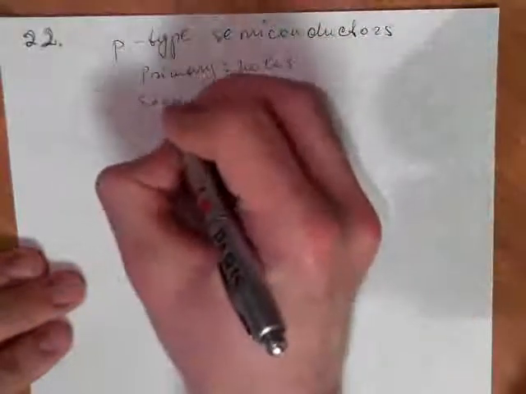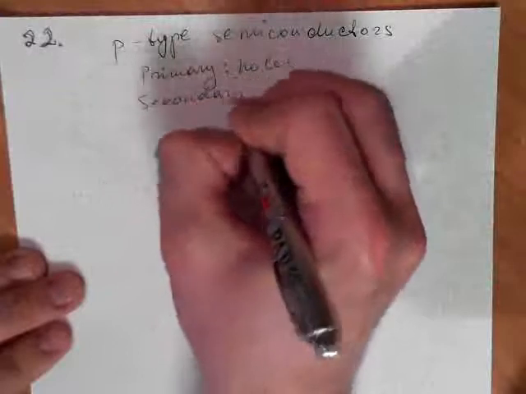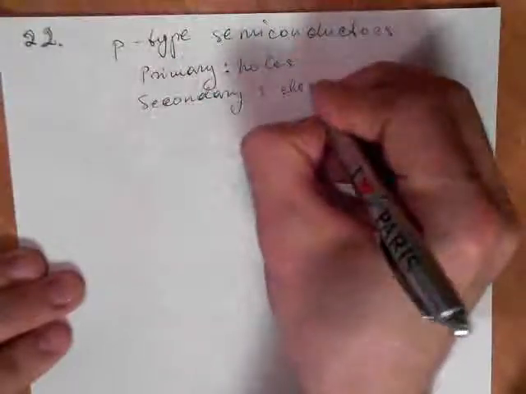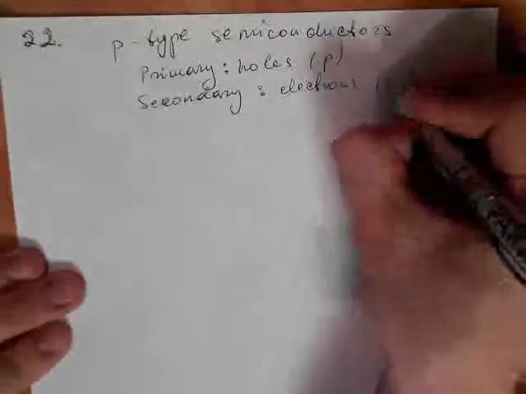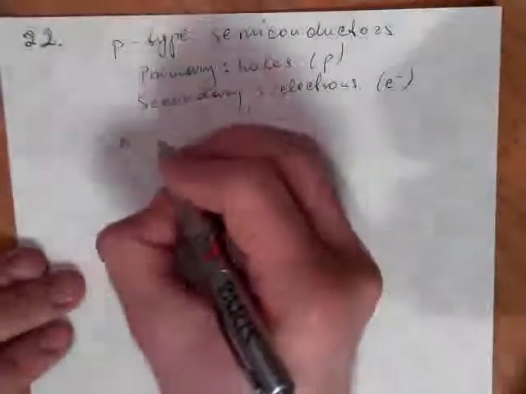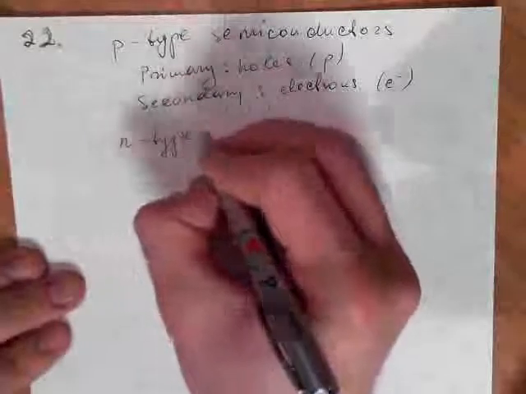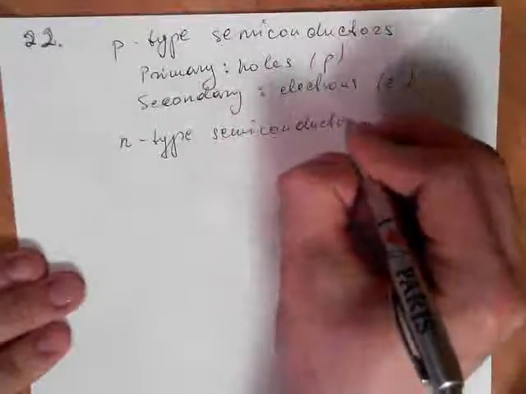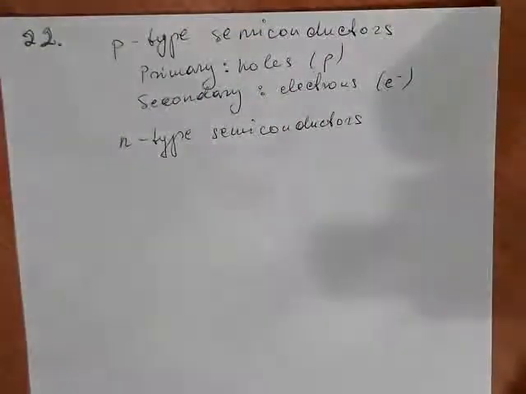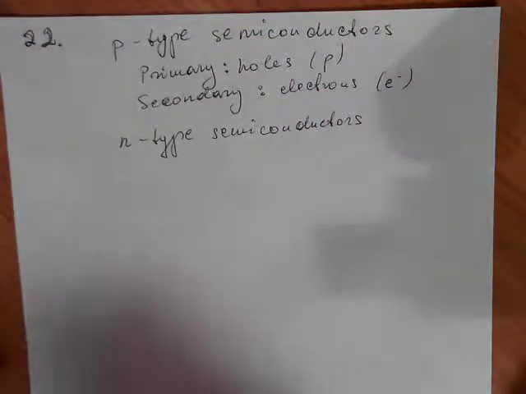Secondary are electrons. Holes are represented with P, electrons with e minus. Now N-type semiconductors.